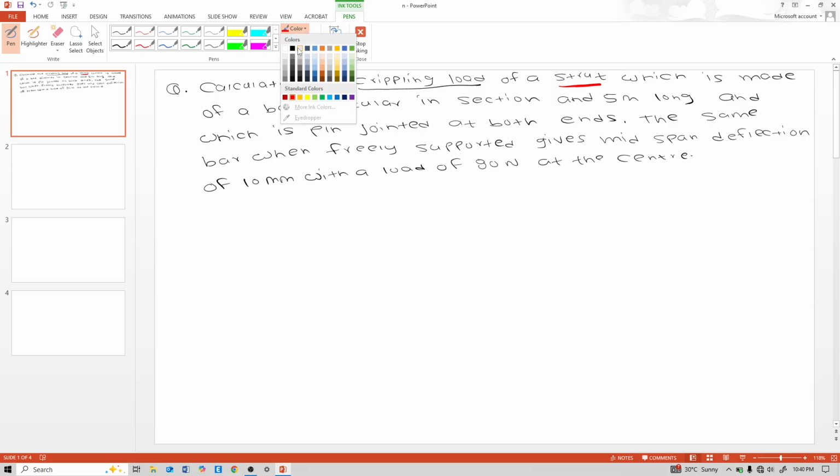So first, with the help of this numerical, first draw the diagram. See, calculate the crippling load of a strut which is made up of a bar circular in section and 5 meter long. So this is the bar, circular in section, and length is 5 meter.